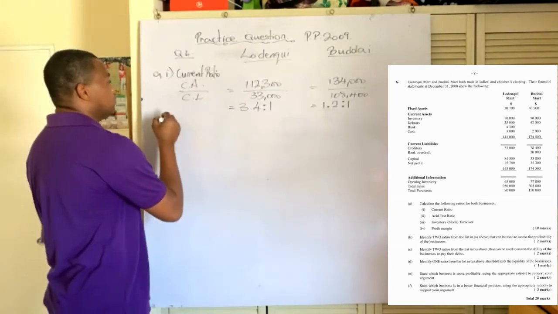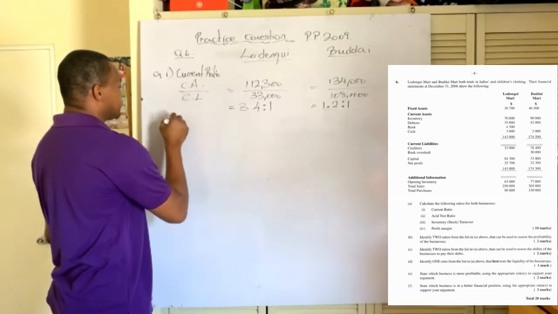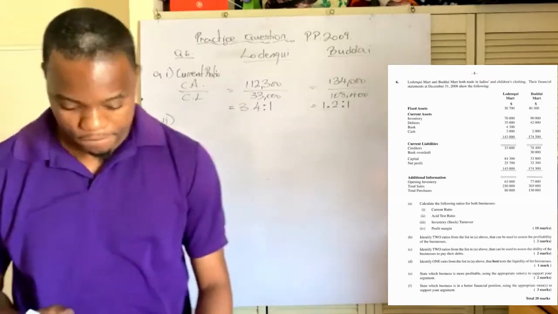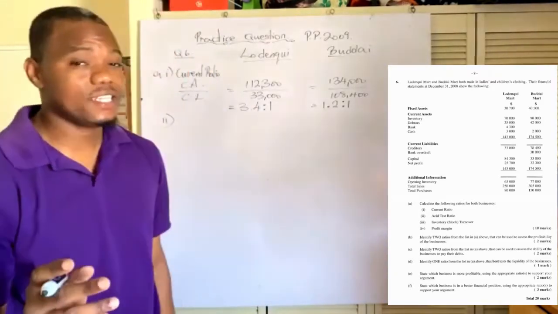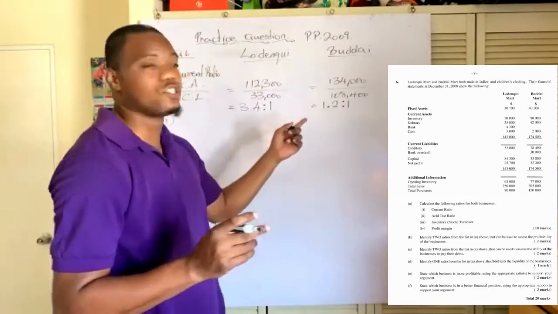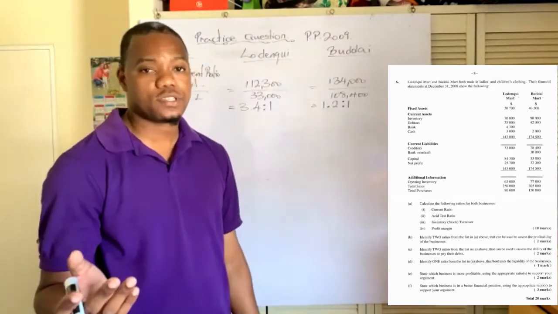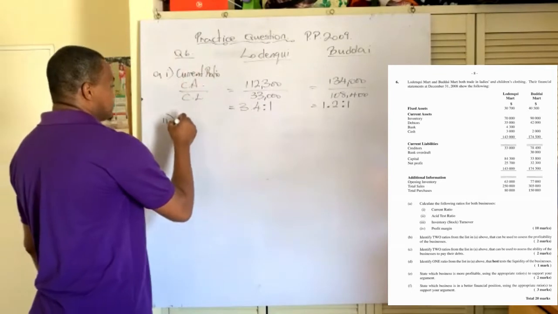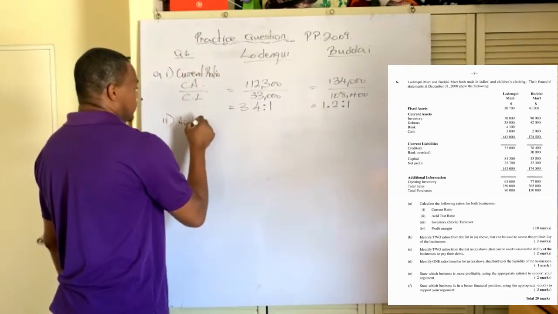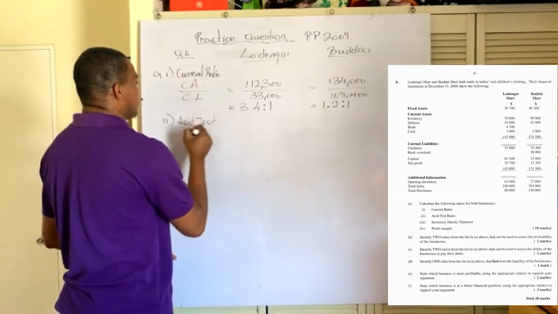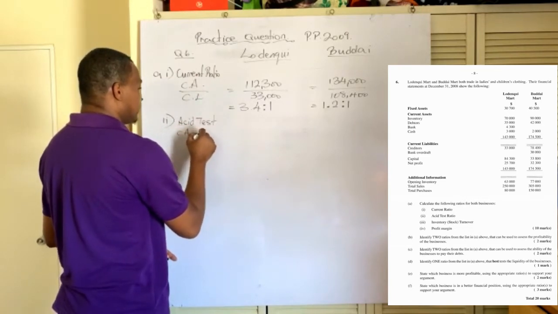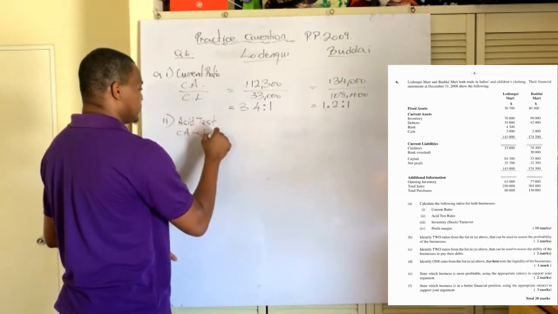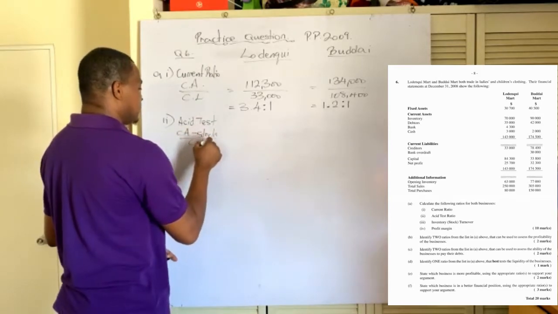The next ratio that we are asked to do is the acid test ratio. The acid test ratio is the same as the current ratio; the only thing is we take out stock. The acid test is also called the quick test. So the acid test is current assets minus stock, divided by current liabilities.